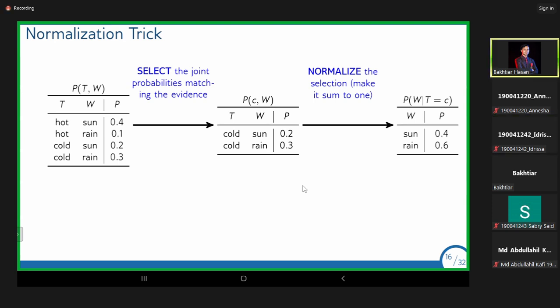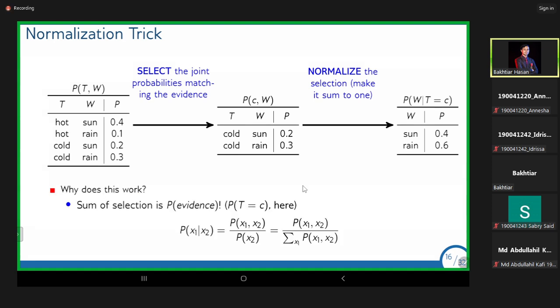So we have a probability distribution now that sums up to 1. How do we know that this is the conditional probability of W given T equals C? Well, consider that when we perform the select operation that matches our evidence, that is basically selecting the numerators.